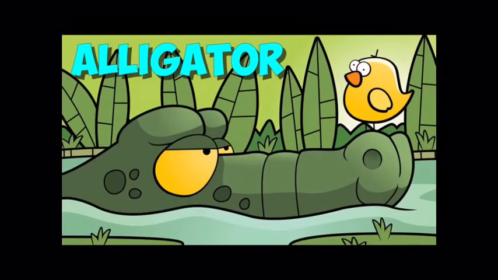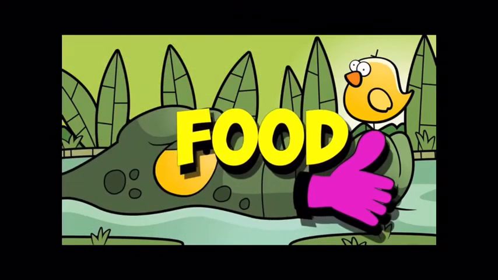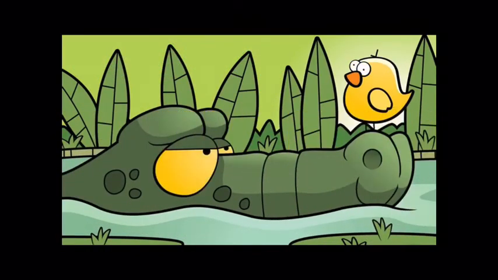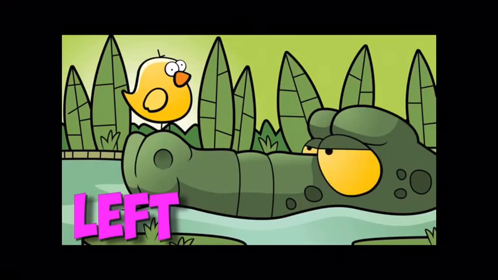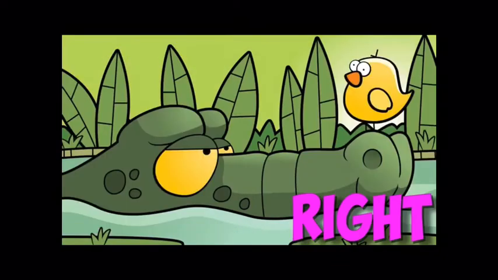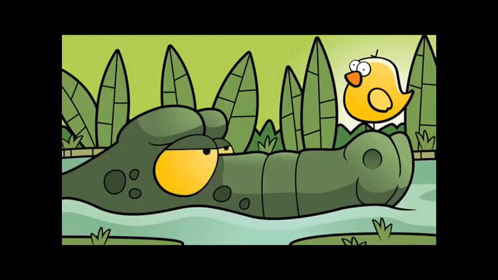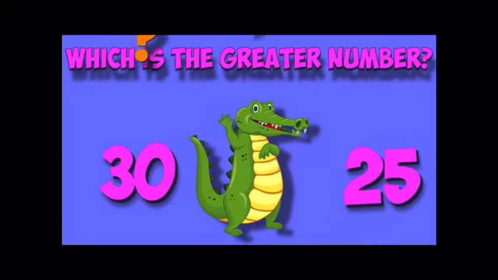Alligator, alligator, in the mood for food. Oh no! Alligator, alligator, now he's a hungry dude. Looks for something on his left side, looks for something on his right side. Alligator wants the biggest meal every day and every night. What's the biggest number? I'll eat the greatest number.